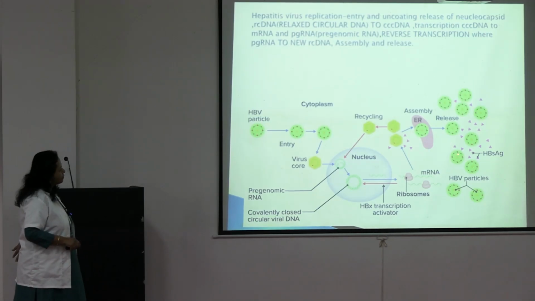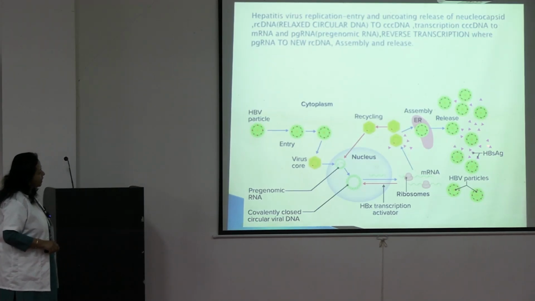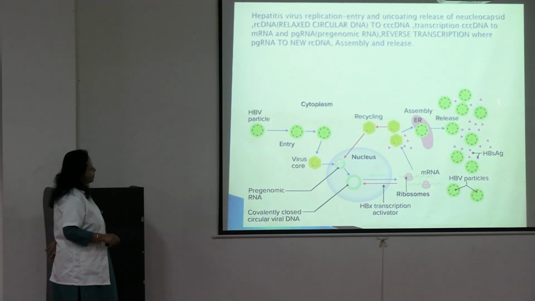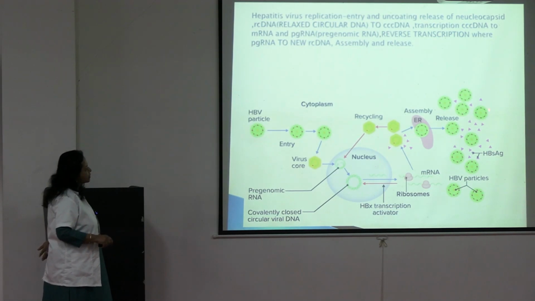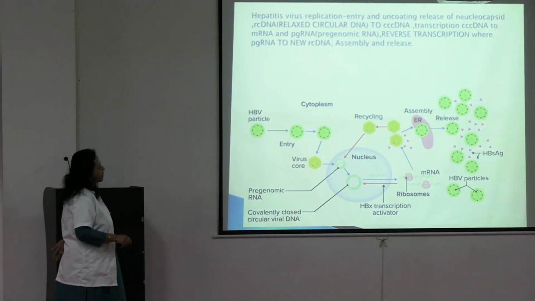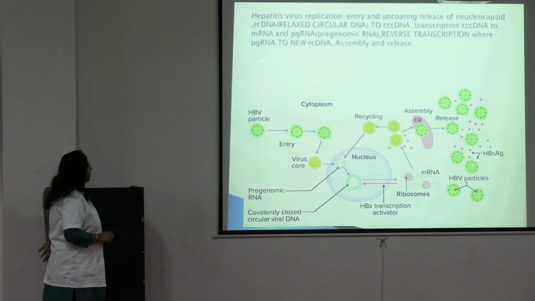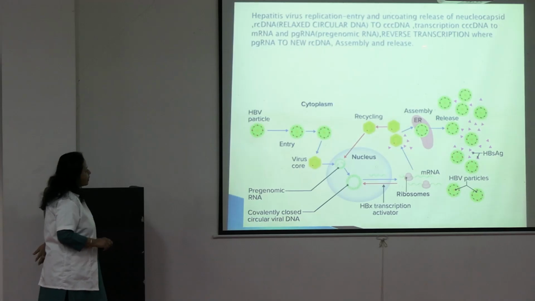These are all the daughter viruses. You can see HBsAg antigens also released here, and this is the Dane particle, the complete virus. This daughter virus will go and infect more hepatocytes. So here is the whole hepatitis virus replication from entry to assembly and then release.